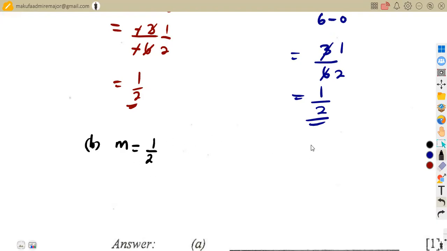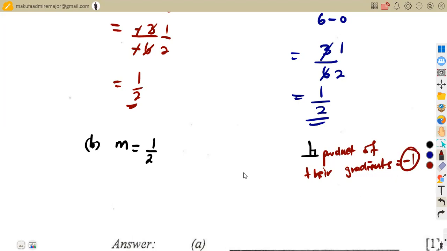If they are perpendicular, they can give us a condition that the lines are perpendicular. When the lines are perpendicular, the product of their gradients should give us -1. Dealing with the gradients, you multiply the gradients, you get -1.